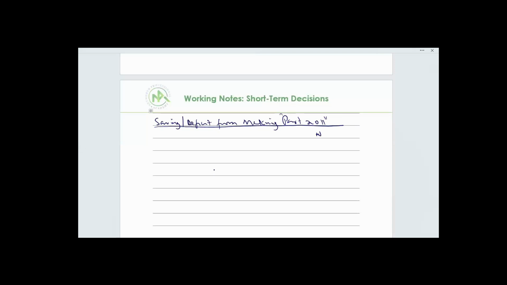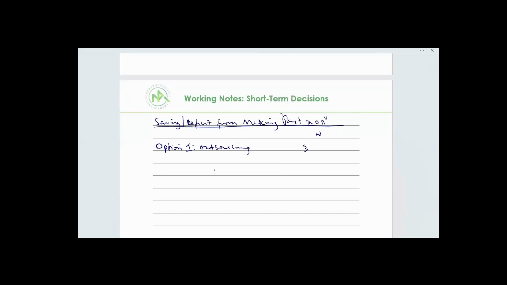I can call it the supplier's quotation or cost of outsourcing, or let me call it option 1, outsourcing, which is the supplier's quotation.